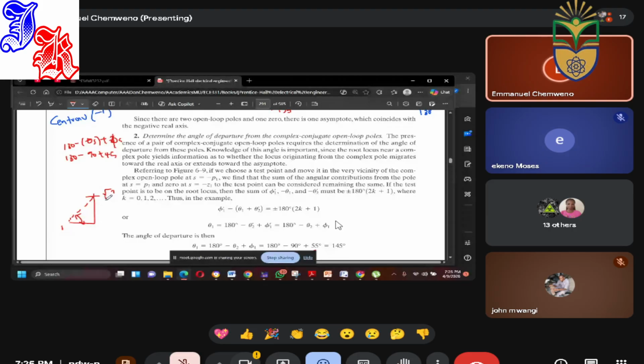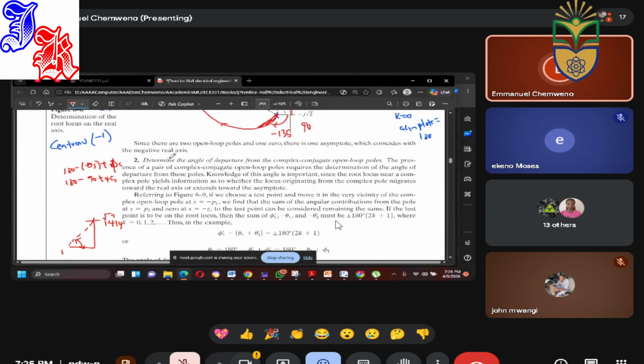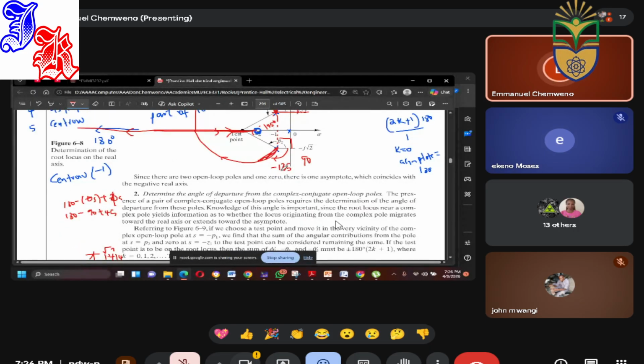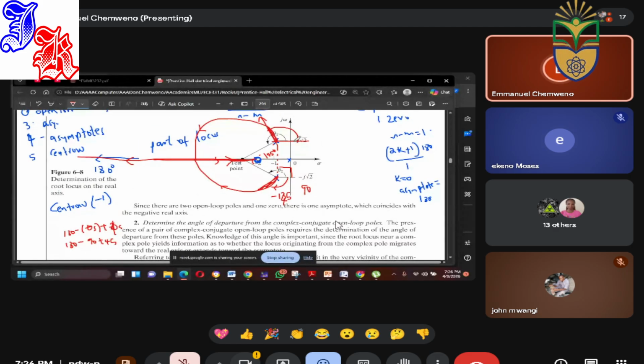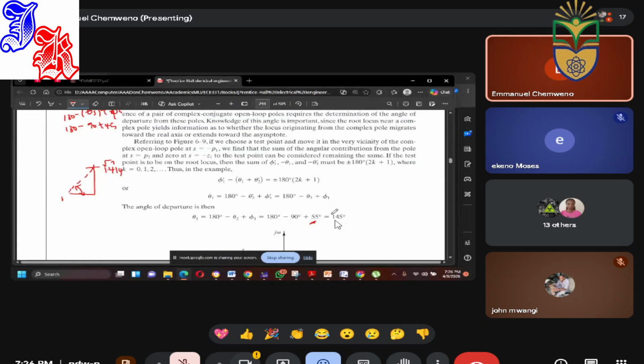This is 1.414. If it was 1, it would be 45. So it is 55. Sorry for that. But the angle is 145. I thought this was 1. So this angle cannot be 45 degrees. It's 55. But that's basically how we go about it.